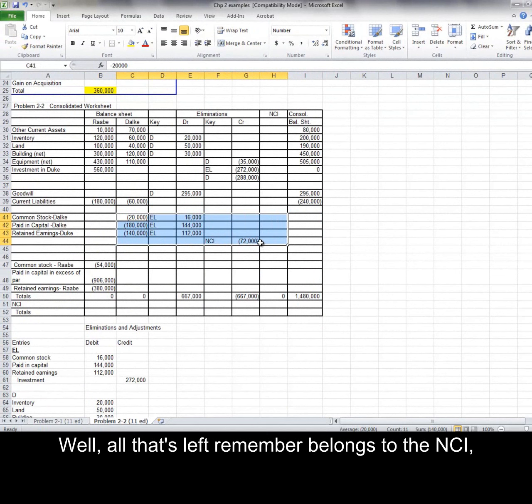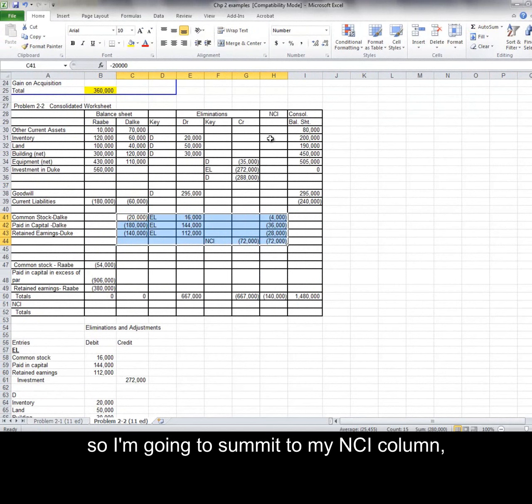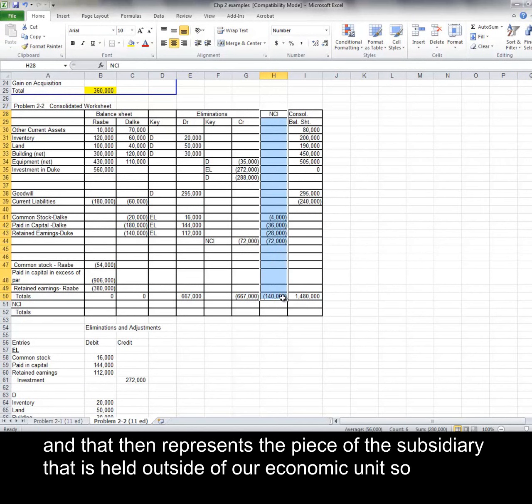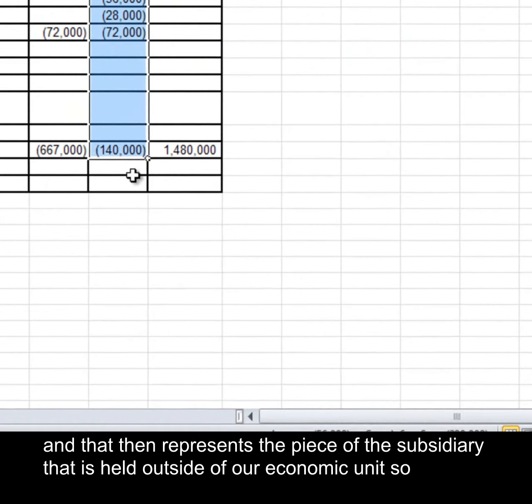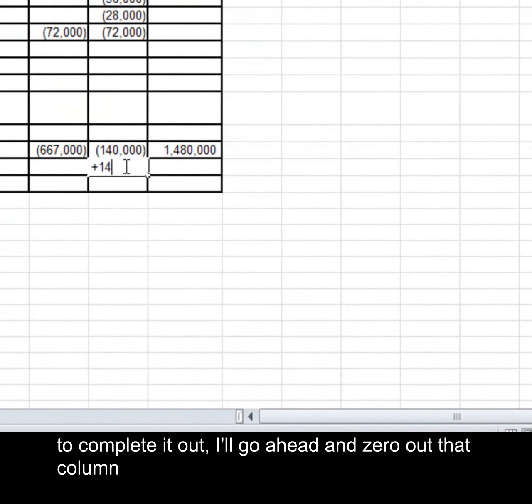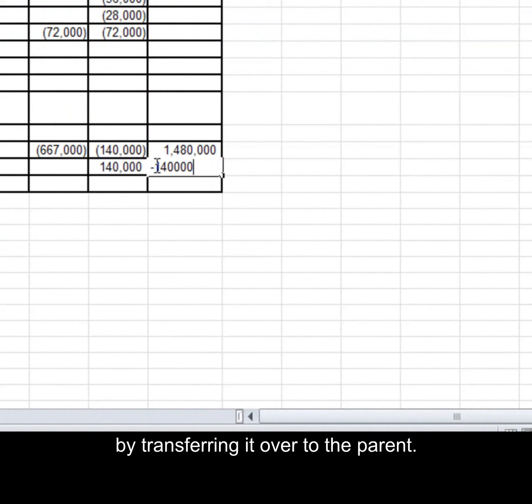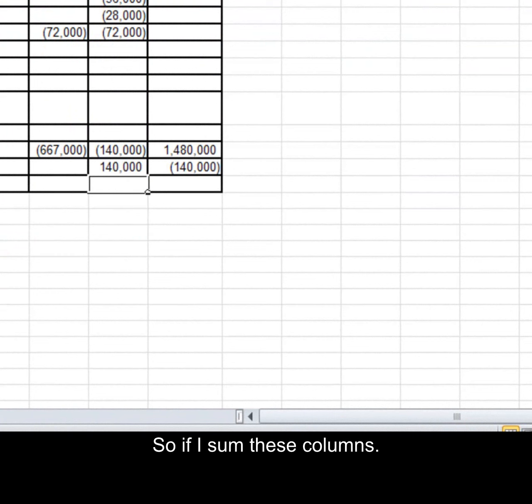Well, all that's left, remember, belongs to the NCI. So I'm going to sum it to my NCI column, and that then represents the piece of the subsidiary that is held outside of our economic unit. So to complete it, I'll go ahead and zero out that column by transferring it over to the parent. So if I sum these columns, we'll see that our NCI column now is 0.